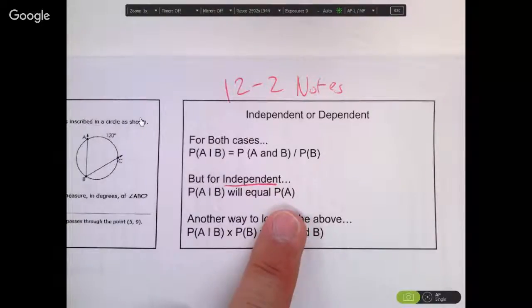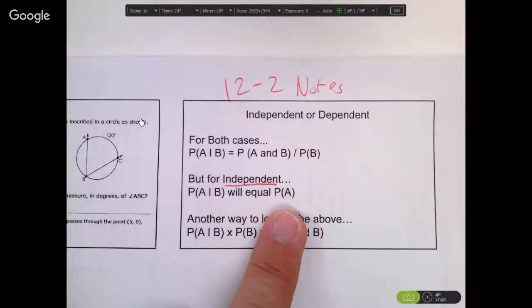If I don't affect something, the probability that I will wear green tomorrow, given that it's going to rain in China, is the probability of me wearing green tomorrow. Because the rain in China has nothing to do with my shirt color.